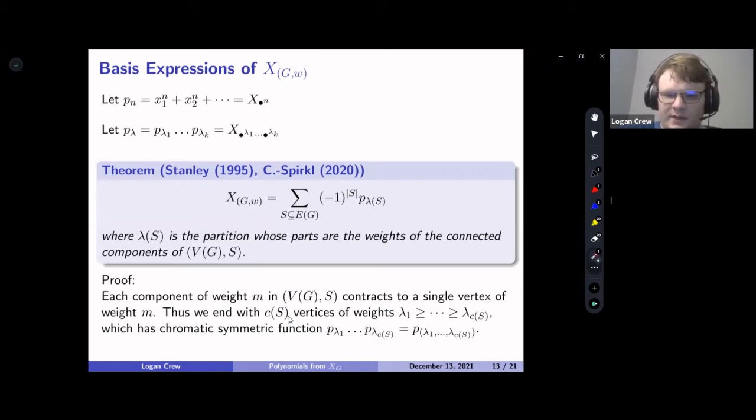So in the end of all of this, we are going to have those number of vertices equal to the number of connected components, but now we have this extra information about their weights. And as we've said above, this gives us this product of power sum functions. So this is how we're getting a basis from multi-sets of positive integers, and how we can interpret those coefficients. In this case, the coefficients of the p lambdas tell us something about the sizes of connected partitions induced by subsets of the edge set.